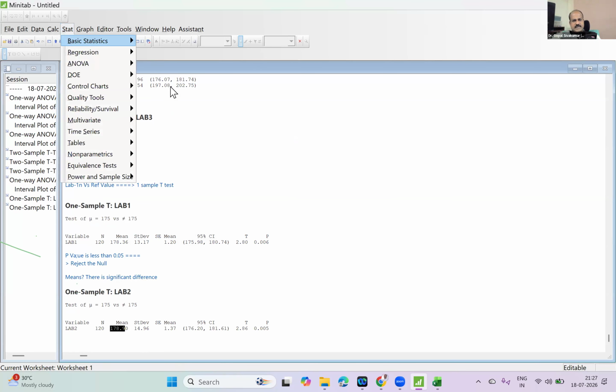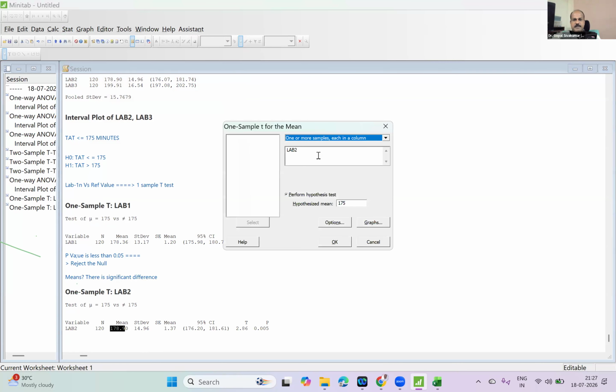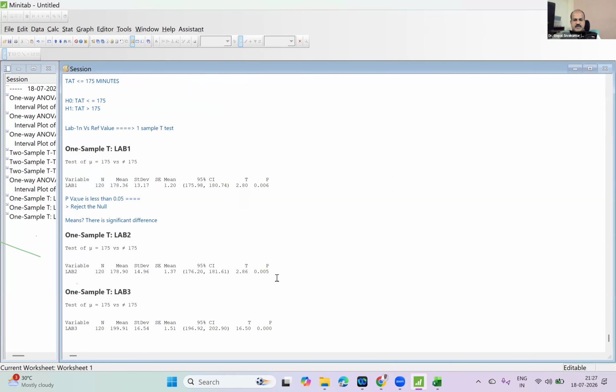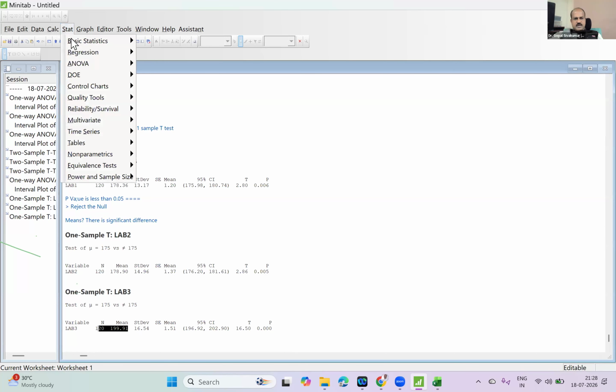Stat, basic stat, one sample T. Instead of 2, let's go for 3. Now the p-value is less, but oh God, they have a mean value that is too much, 199. They are on the higher side. They are also not eligible. I think none of them, maybe 4 might come.